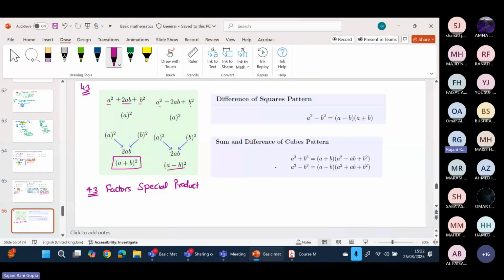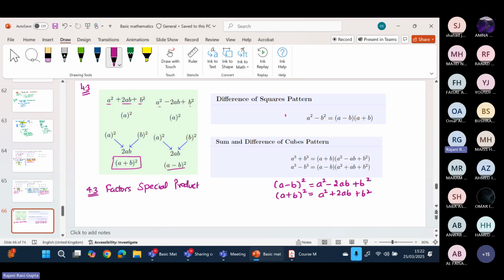In addition, you have to study this rule as well. So I'll write down the first two rules. a minus b power 2 is a power 2 minus 2ab plus b square. a plus b power 2 is a square plus 2ab plus b square.